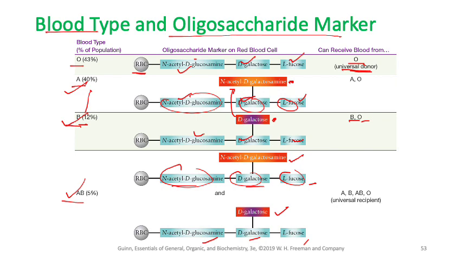Then AB, you can say, is a universal recipient because it has everything that is present in every other blood group: O, single A, single B. So it's a universal acceptor of blood. This is how you can differentiate between the different blood groups, which one is a universal donor and why, and which one is a universal acceptor or recipient and why that is the case.